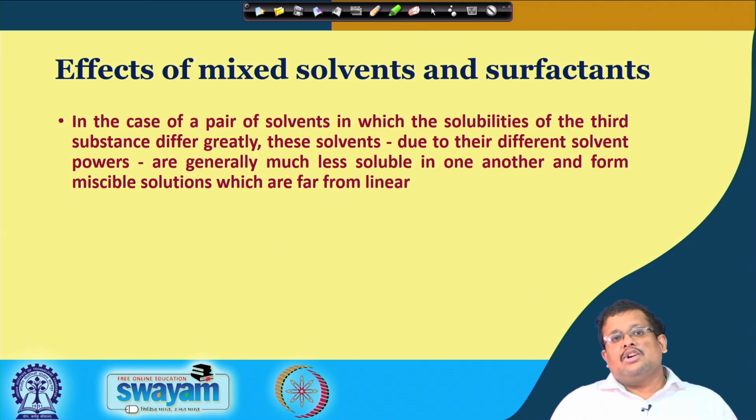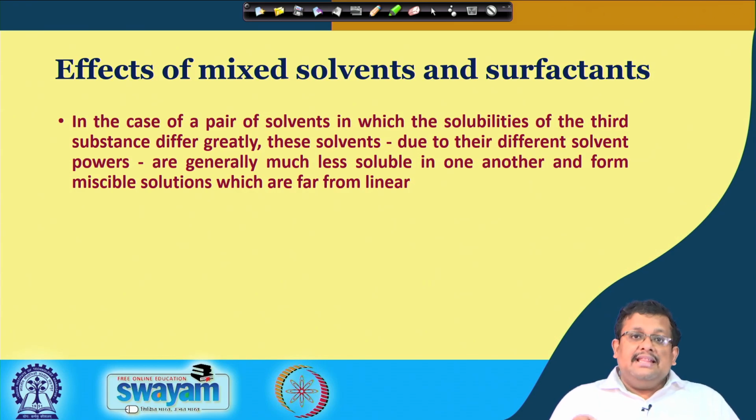So, you can see the solubility differs very greatly. So, these solvents, due to their different solvent powers, are generally much less soluble in one another and form miscible solutions which are far from linear.